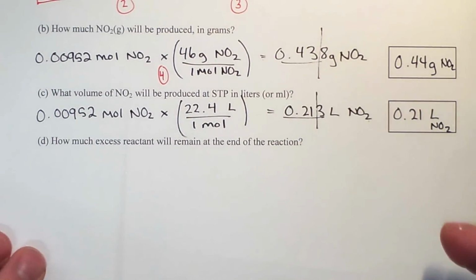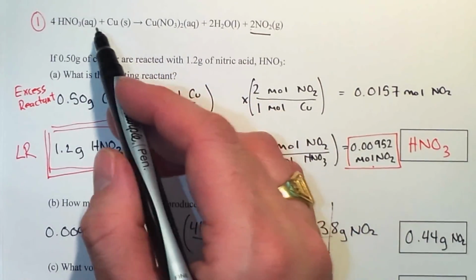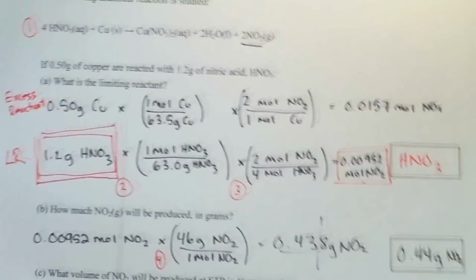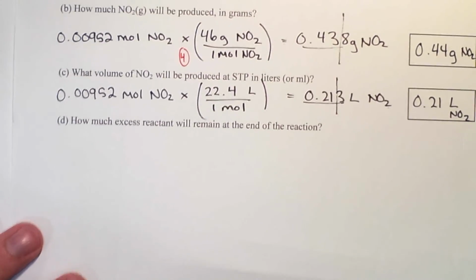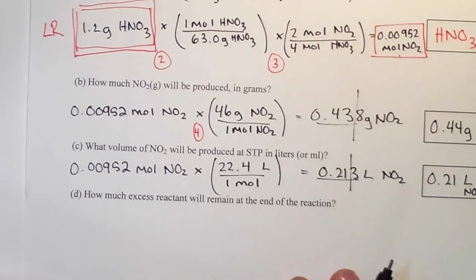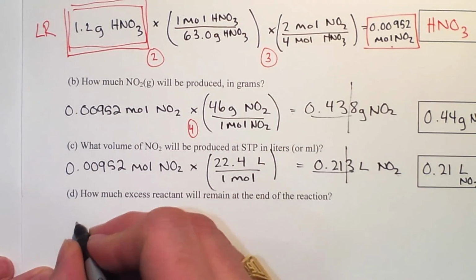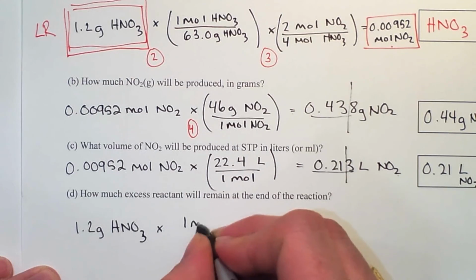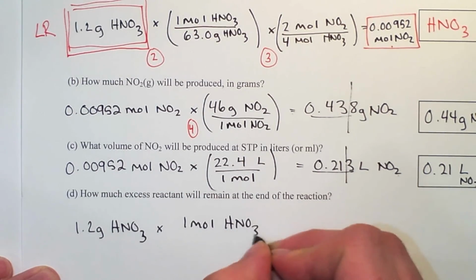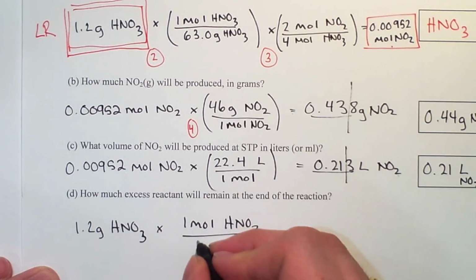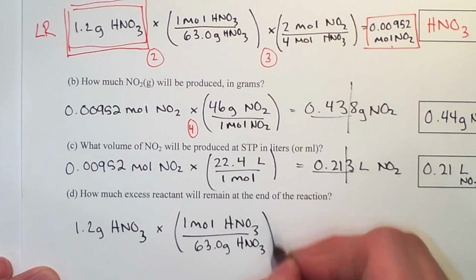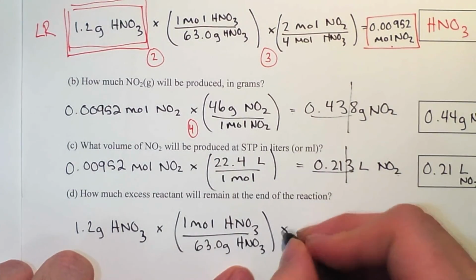So the final question is how much excess reactant will remain at the end of the reaction? So our excess reactant is copper. So what we're going to do is take our limiting reactant and figure out how much copper was used if all of it was used. So anytime we're doing calculations now, we start with our limiting reactant. So we go back up and get the 1.2 grams HNO3, convert to moles. There obviously is a benefit to writing out what the moles are, so you don't have to do this step every time, but it doesn't really matter. So we're in moles.